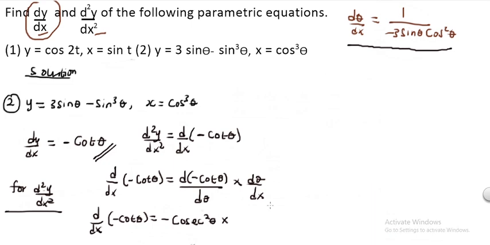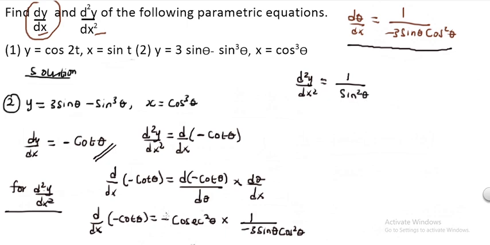The dθ/dx is simply 1 over minus 3 sin θ cos² θ. So at this point, I can simply write d²y/dx², which is still the same thing as d/dx of minus cot θ, is equal to 1 over, now cosec θ is simply 1 over sin² θ.